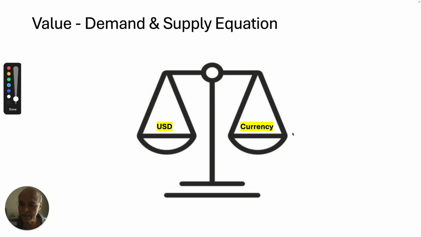So the currency will appreciate. But if the dollar flows out for making investment in the US or any other market, the demand for the dollar will increase, and therefore the dollar will appreciate and the local currency will depreciate.